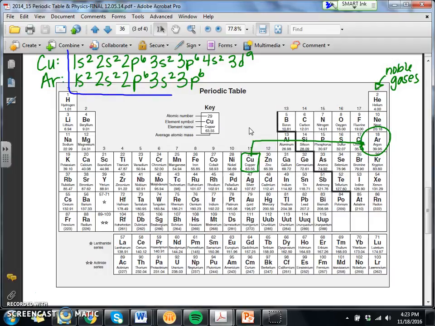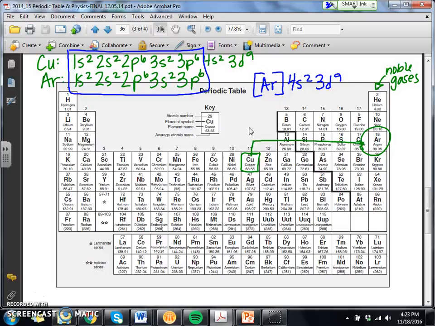All of this is the exact same thing. So instead of writing 1s2, 2s2, 2p6, 3s2, 3p6, we can use our noble gas configuration as a shortcut. We can put the symbol for our noble gas, argon, in closed brackets, and we write what's left over. 4s2, 3d9. It's much shorter that way.